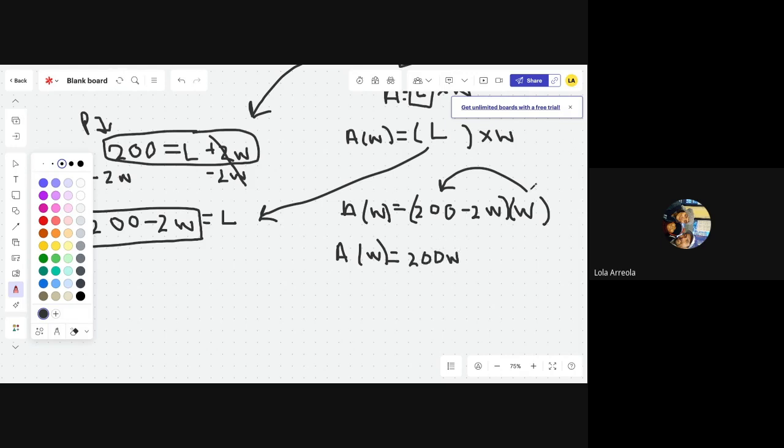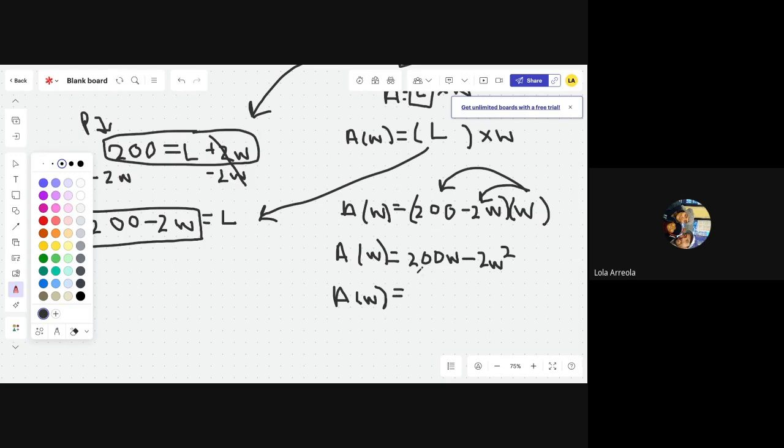Then I have W times negative 2W, which is negative 2W squared. And again, I want this to be in proper form. So this is still correct, but usually we want the leading term first. So again, what is the leading term? It's the term with the highest exponent.